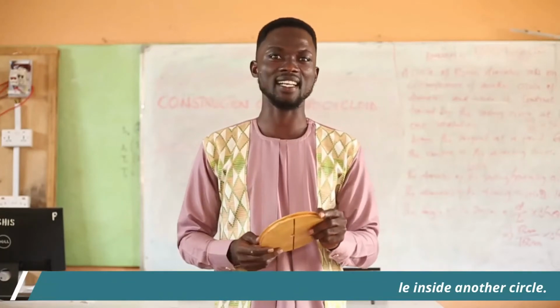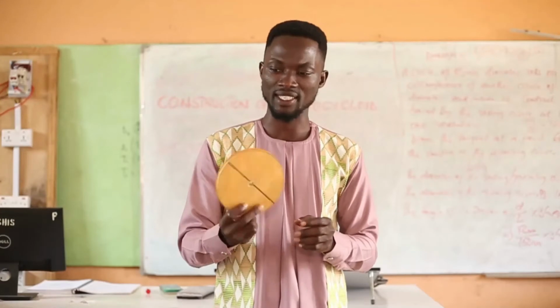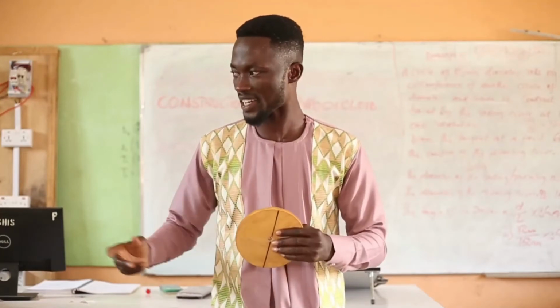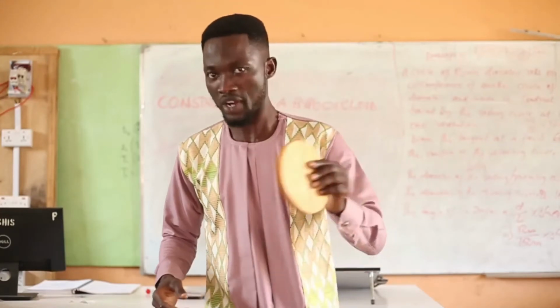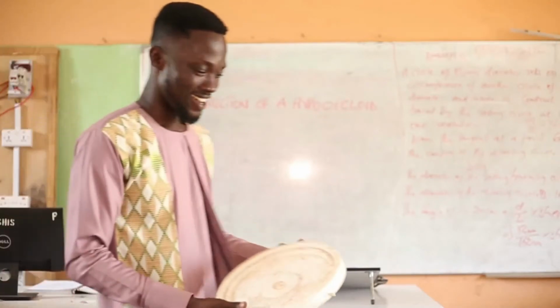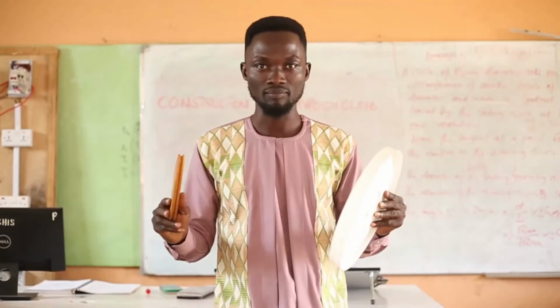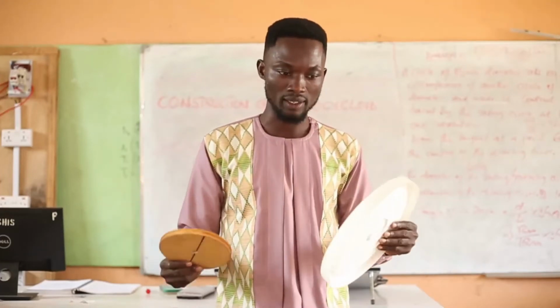inside another circle. Okay, so let's assume that this is a circular object, and let me get another circular object. Okay, wait for me, just coming. Right, I think that I have these two circular objects, this one and this one.